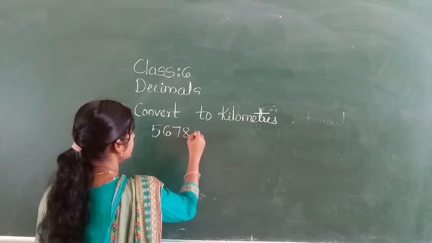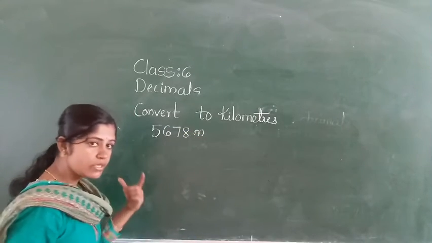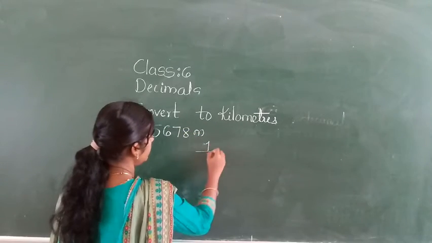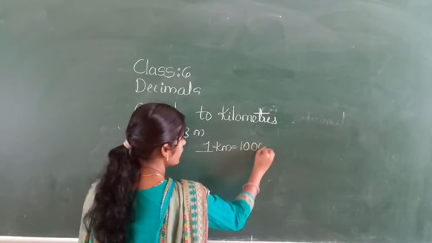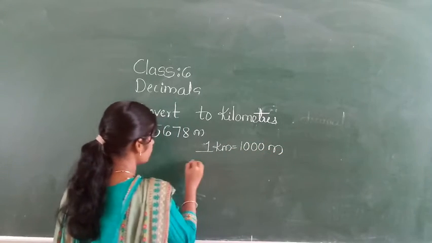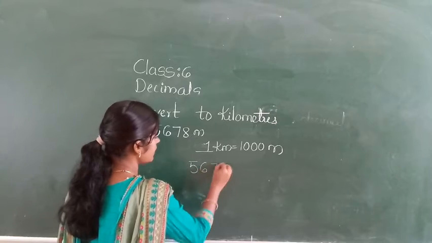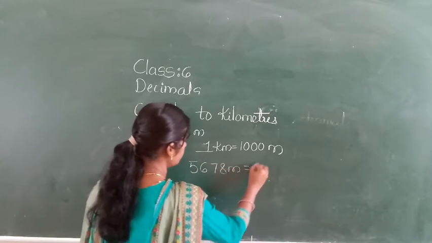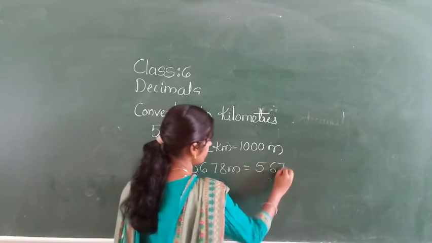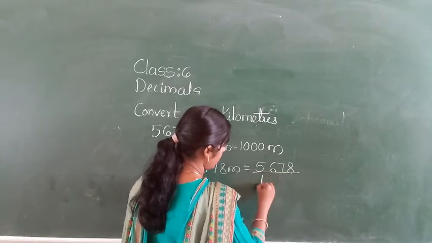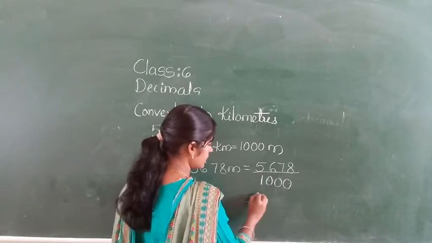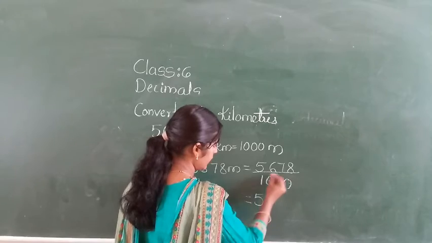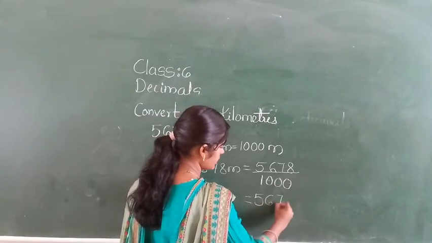Okay. Next I will take here one more example, and that is 5678 meter. Here also you have to follow the same procedure. Here you write 1 kilometer is equal to 1000 meter. Okay, so 5678 meter is equal to 5678 divided by 1000. Next you convert this as a decimal. First you write numerator 5678.